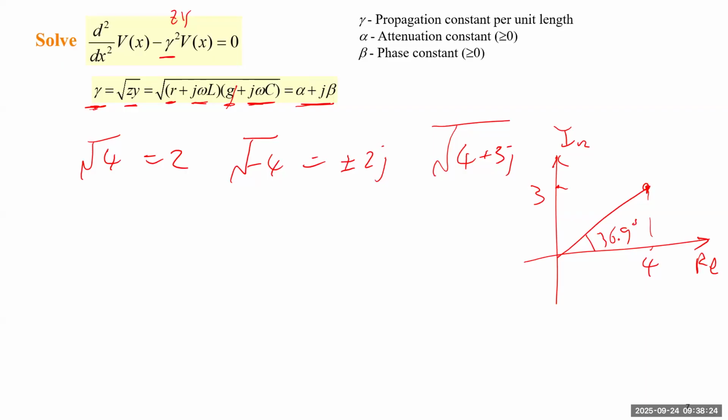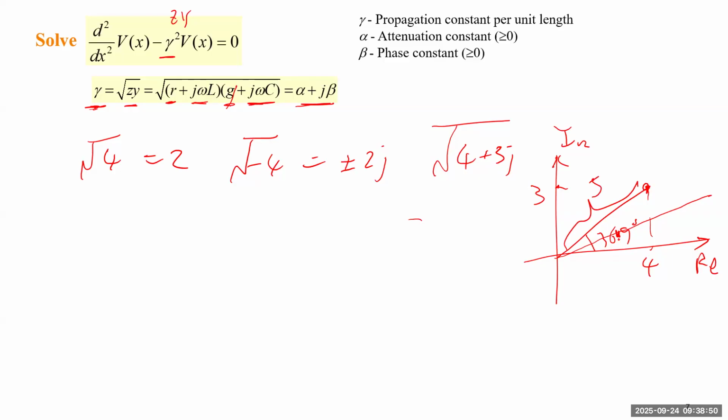How do we calculate the square root? There are many different ways to define the square root. If the square root multiplied by itself gives you this complex number, one thing you can do is find a direction which has half of this angle. And the length is just the square root of 5, because this distance is 5, right?